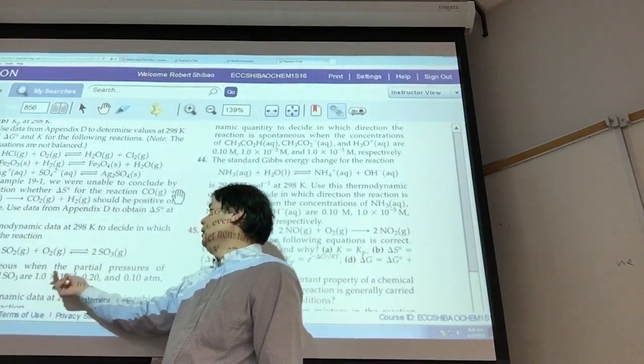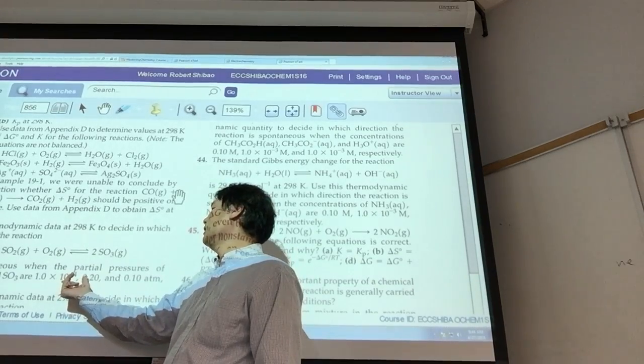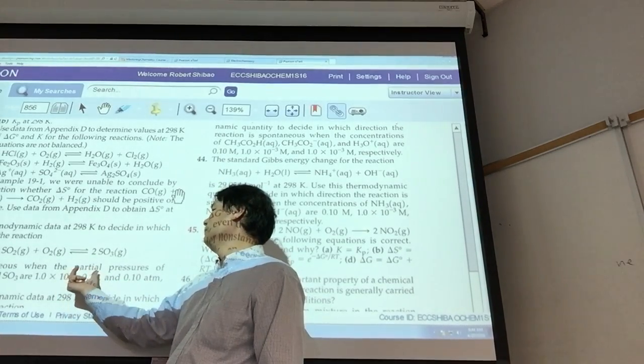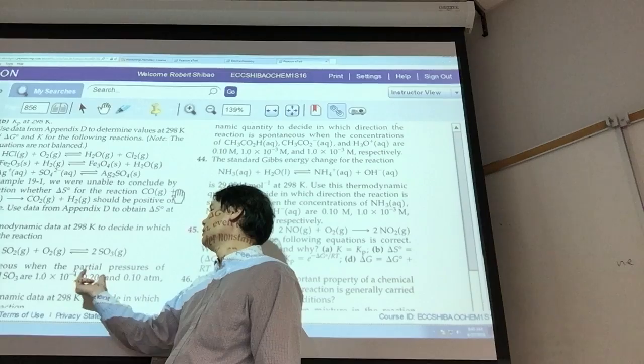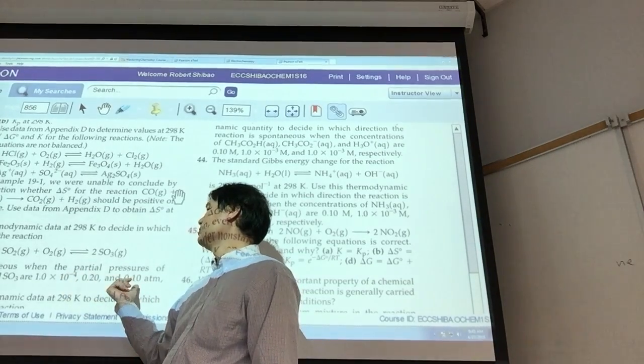We don't know if these pressures are the equilibrium pressures.